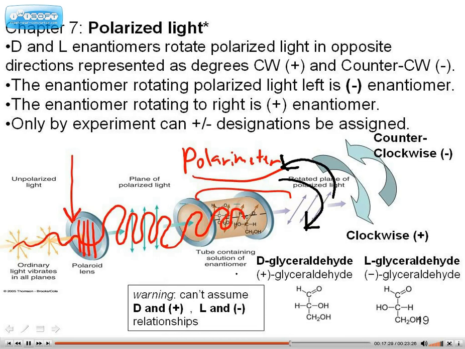A pure enantiomer will rotate the polarized light in one direction. So the D enantiomer for glyceraldehyde will rotate it clockwise, which we represent as a positive. If, on the other hand, I had the opposite L enantiomer, it would rotate it counterclockwise, which we represent as a negative. A polarimeter will actually measure how many degrees clockwise or counterclockwise it rotates.